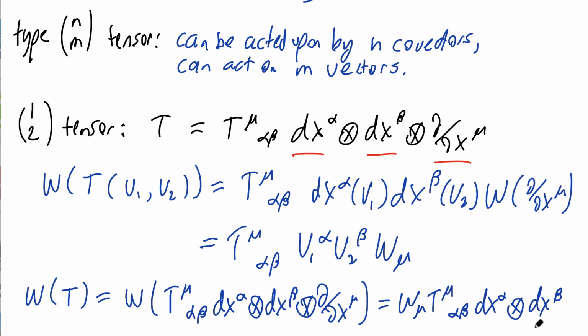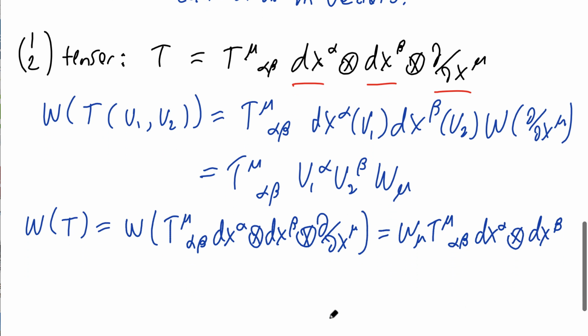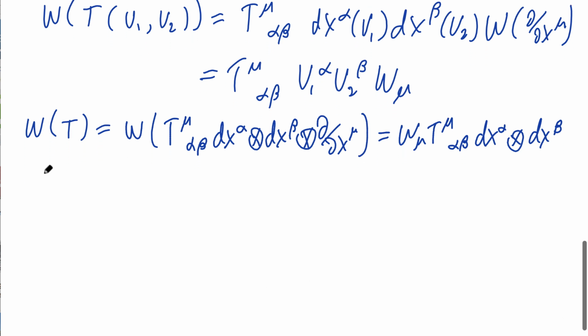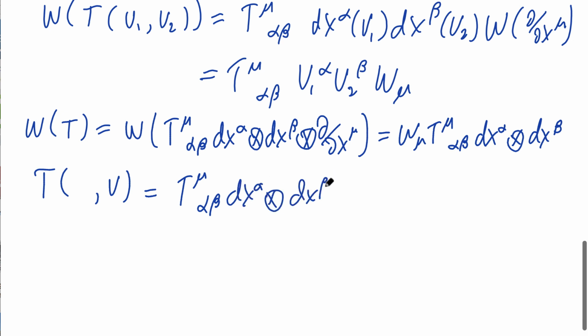In a similar fashion, we can let T act on a single vector, but now I need to be careful because it matters which slot I put that vector into. Let's say we put it into the second slot. So this would be T mu alpha beta dx alpha tensor product dx beta tensor product d by dx mu acting on the vector v, and it's acting on the vector v in the second slot.